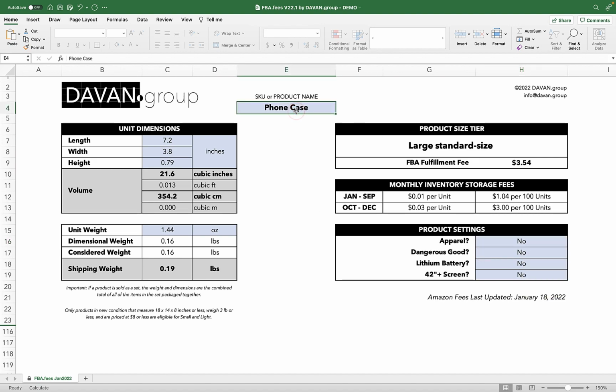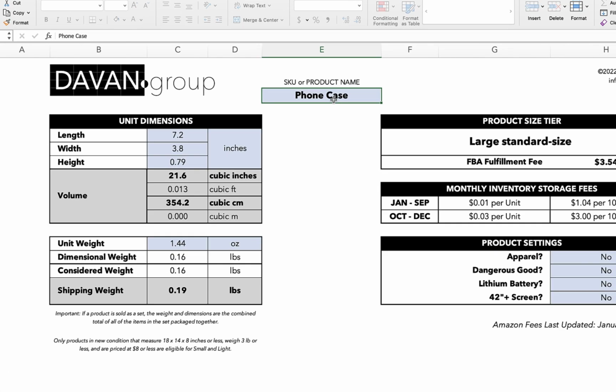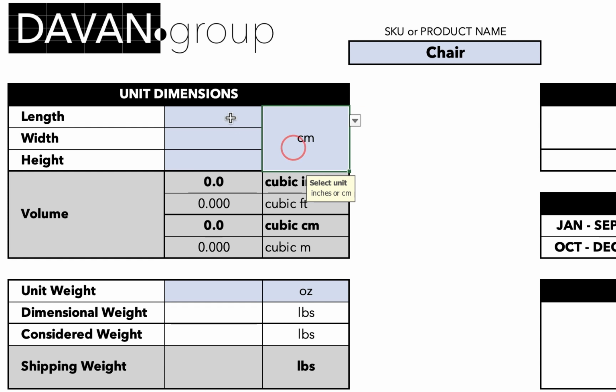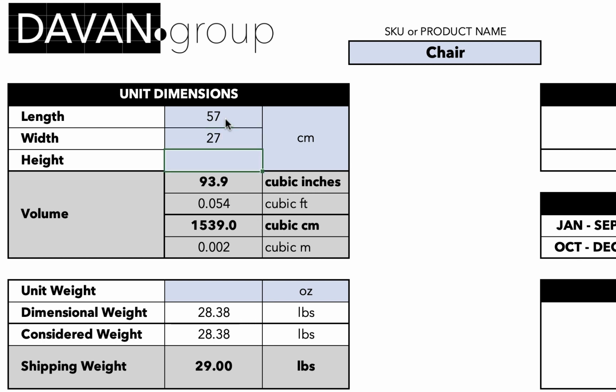And let's pretend we're selling a different product. Let's clear everything. And let's type in the dimensions for an office chair. Now, instead of entering in inches, I'm going to enter the dimensions in centimeters just to show you how this works. So we'll do, say, 57 centimeters by 27 by 56. And for the weight, because it's a bit heavier, and because I like the metric system today, I'm going to type in kilograms.